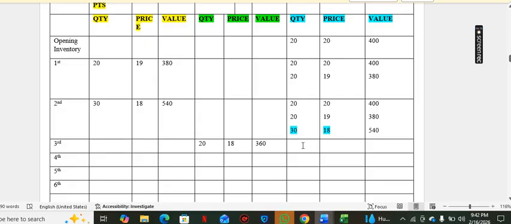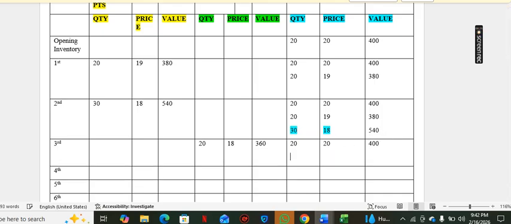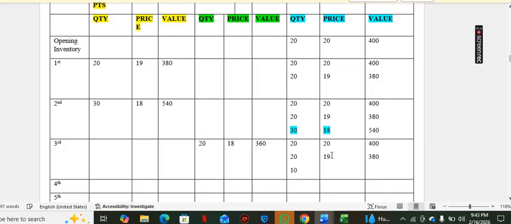We now come back to our balance section. We still have the 20 units we started with, which is our opening inventory, and those other 20 units we brought in earlier, which were valued at 19. Since we removed 20 units from this 30, we remained with 10 units valued at 18. Any questions, colleagues?